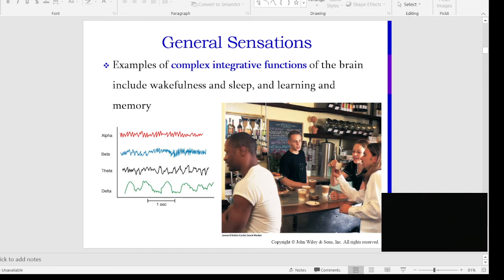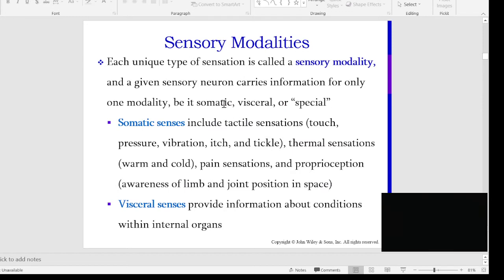Okay, now the sensory modalities. These sensory modalities are called somatic senses, found in our skin, joints, and even muscles. What is in the somatic senses?